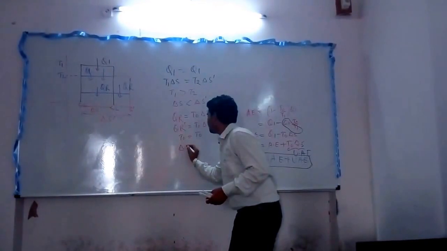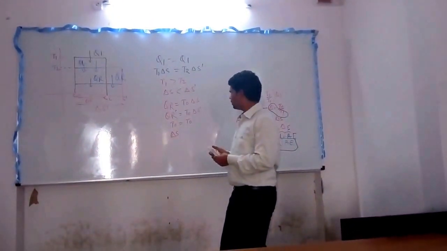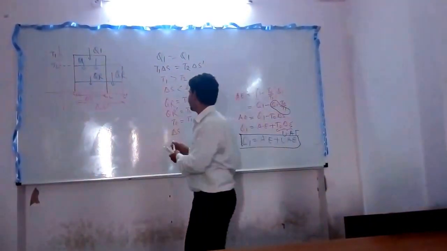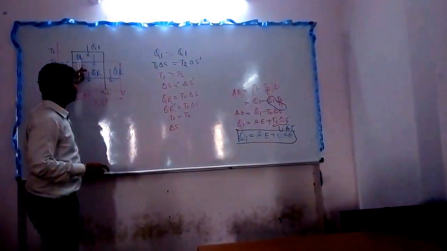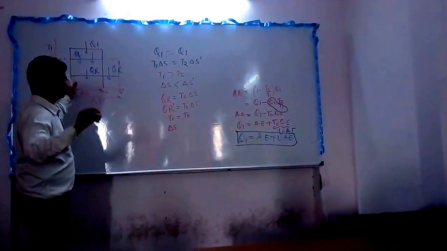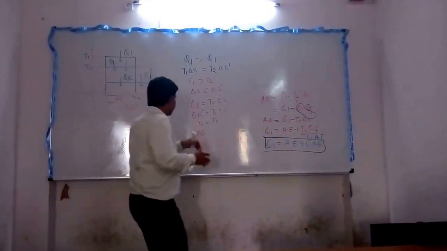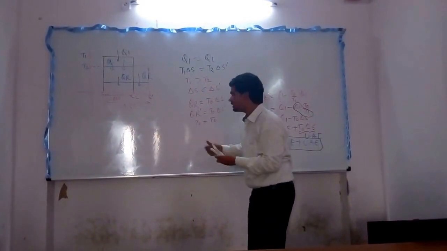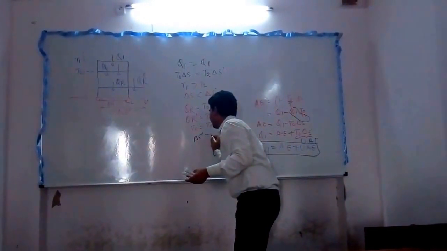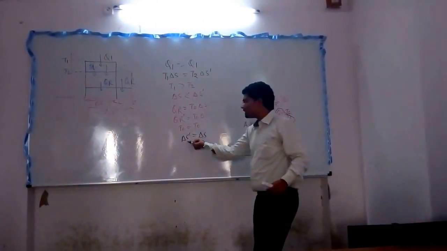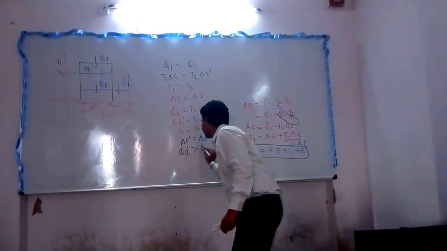So can I say this delta S will be what? Oh, sorry. What I am saying, QR and QR dash. Just a minute. From here, T naught is the same. So the difference is that delta S dash is greater than delta S. If delta S dash is greater than delta S, can I say this QR dash will be higher than this QR?